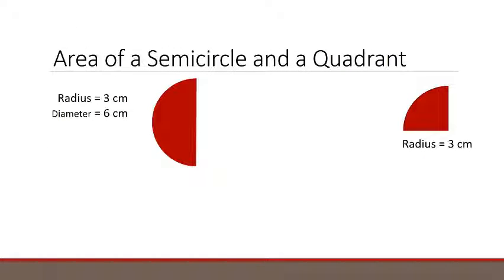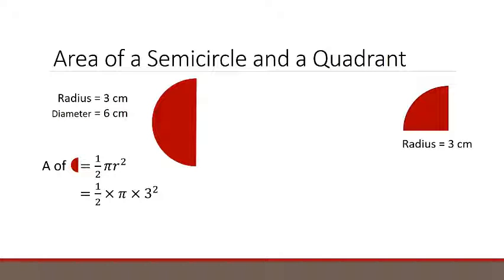Now let's have a look at a semicircle and a quadrant. A semicircle is literally half a circle, and a quadrant, there are 4 quadrants in a circle, so it's a quarter of a circle. I'm going to use the same radius as in the previous question, just for convenience. The area of a semicircle is a half pi r squared.